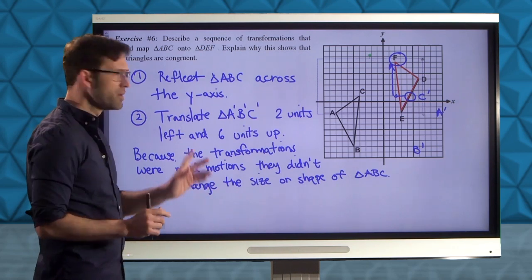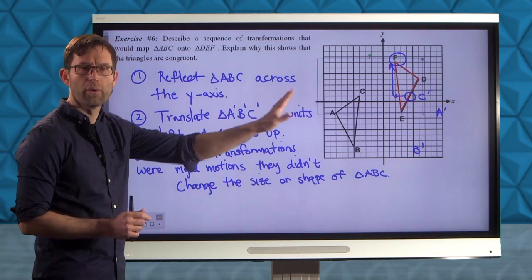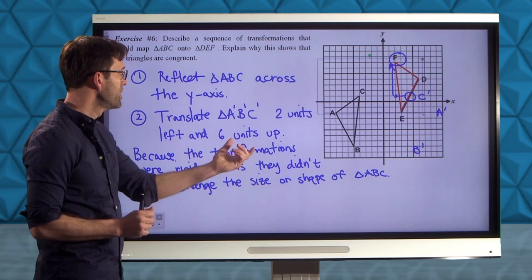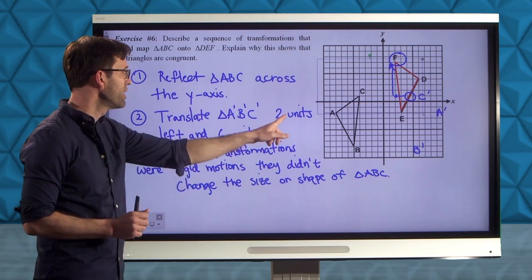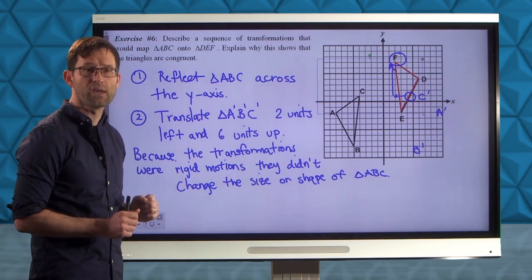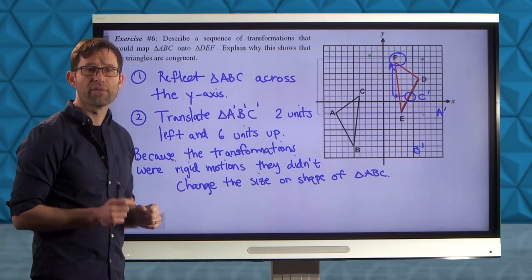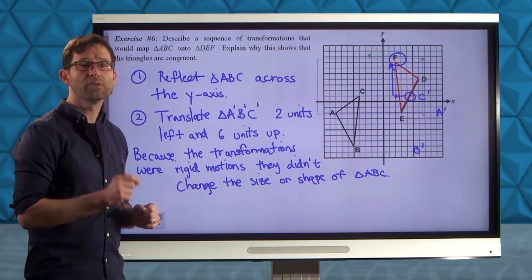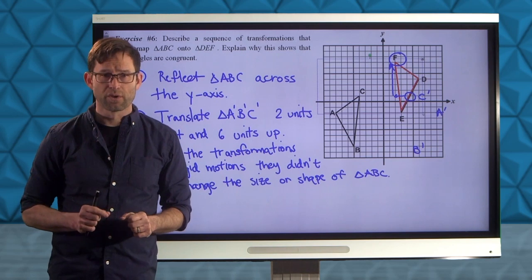Let's take a look. Again, we took that triangle, we reflected it across the y-axis, we then shifted it or translated it 2 units left, 6 units up. Why does this show now that the triangles are congruent? Because we used two things that were rigid motions.